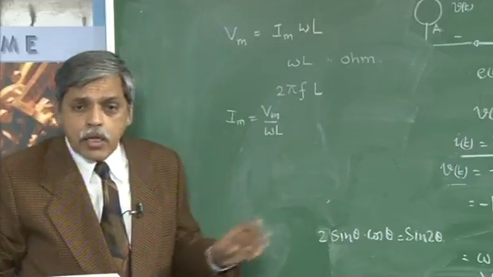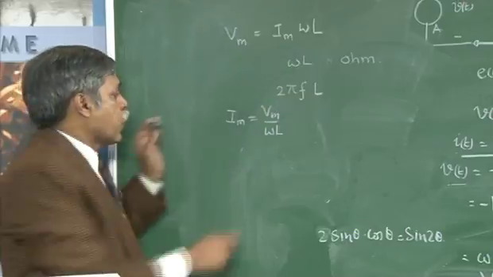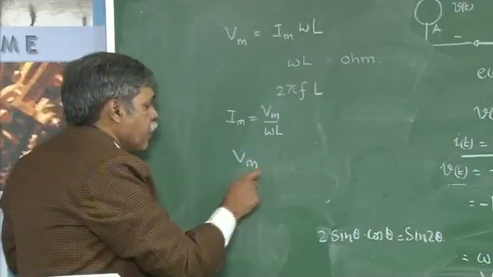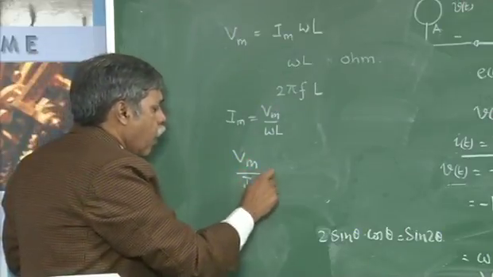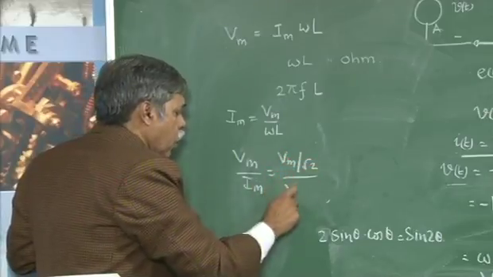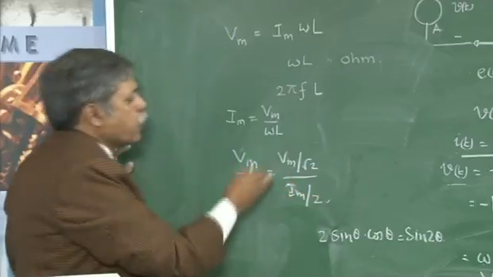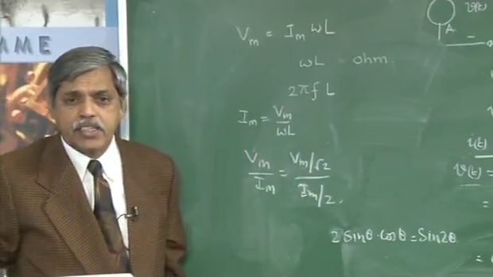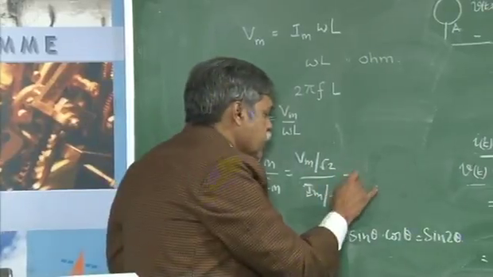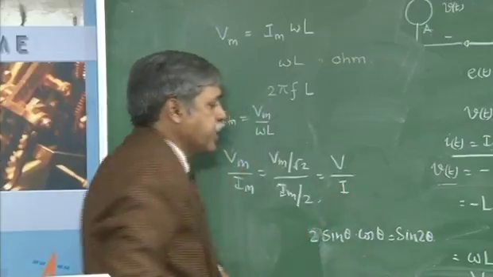Therefore, in an inductor, the ratio of voltage to current, that is Vm divided by Im, we can also write as Vm divided by root 2 over Im divided by root 2. There won't be any change in the ratio when I write it like this. So this equals the RMS value of the voltage to the RMS value of the current.